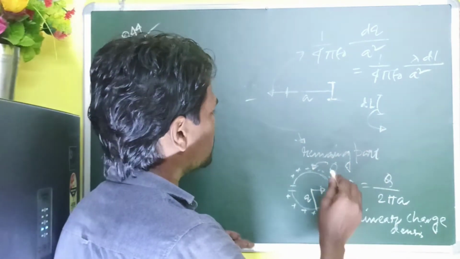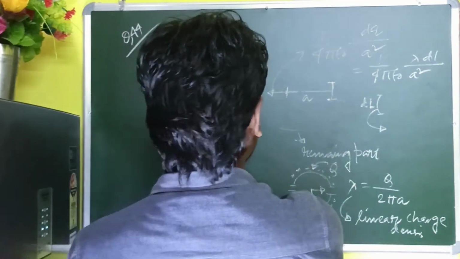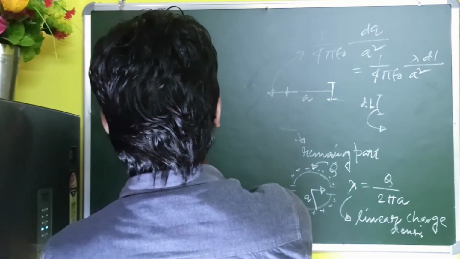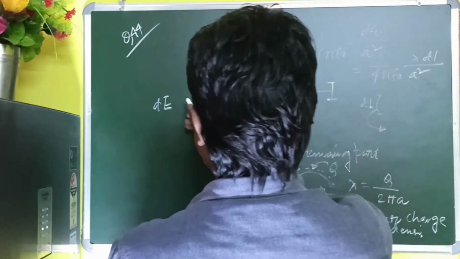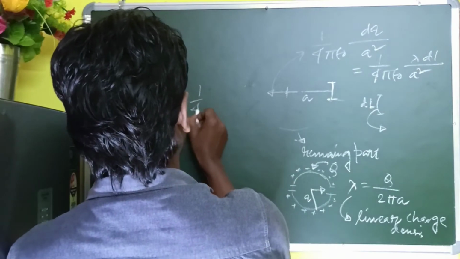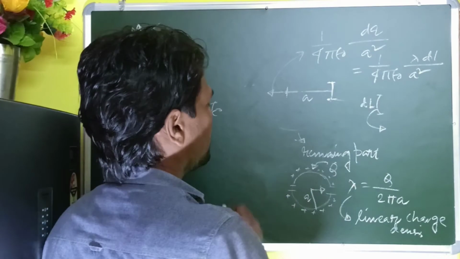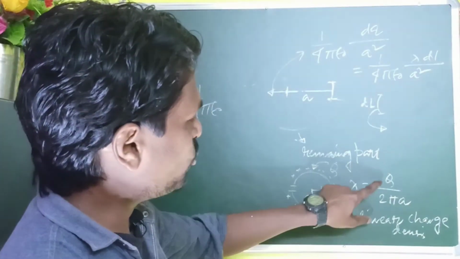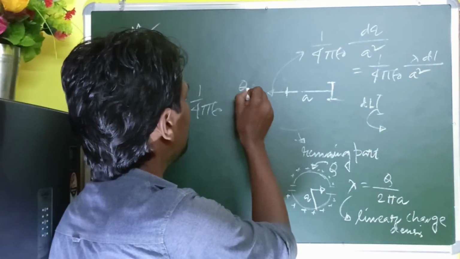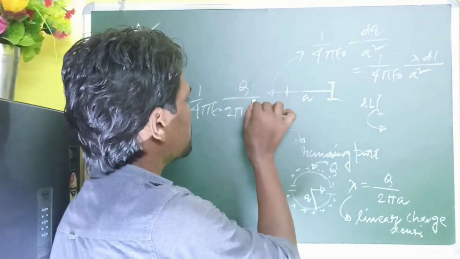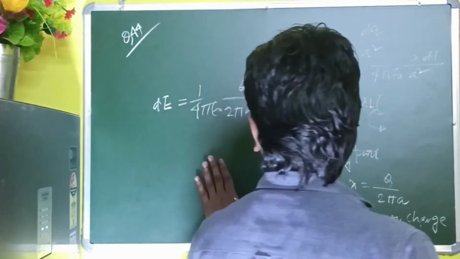So 1/4 pi epsilon naught lambda dl by a squared, and the net electric field due to this one will obviously be dE. dE equals 1/4 pi epsilon naught and lambda means Q by 2 pi a, into a squared, that is a cube. So this is the final answer.